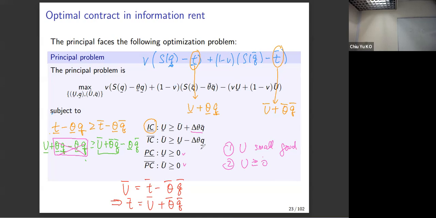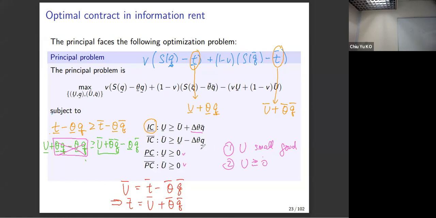Why? Because this is more than that. So we will make the lower bar 0. Upper bar will be equivalent to delta theta Q bar. That's how you solve it.